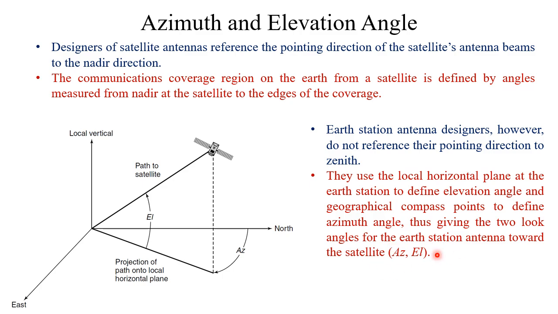If we know the azimuth angle and elevation angle from a particular location for a satellite, we can easily direct the receiving antenna towards the satellite and we can get the signal. Otherwise, it will be difficult for us to locate it. We can easily calculate the azimuth and elevation angle by knowing the location of the satellite and knowing the latitude and longitude of the local point.